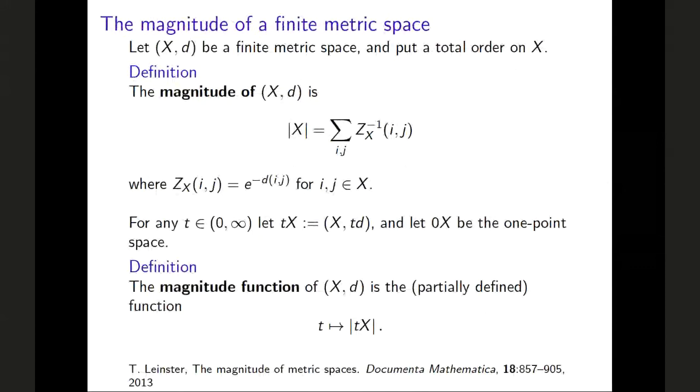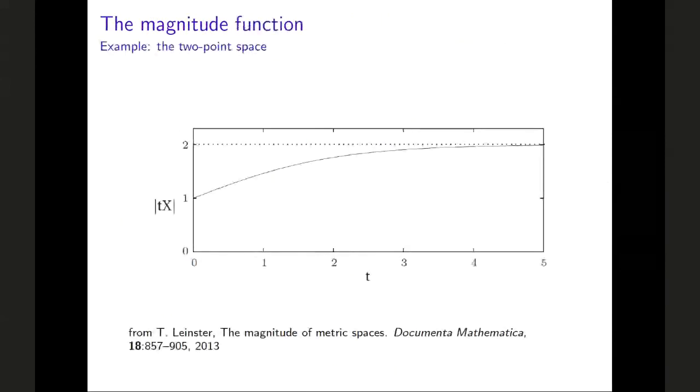You're saying if there is some value of T, let's say large enough, for which you can actually infer the number of points? Yeah, like in your example that you showed with the biologists, or the two-point space, it went from 1 to 2.